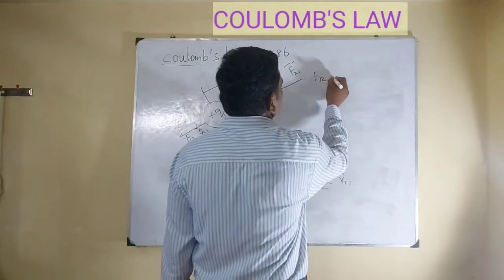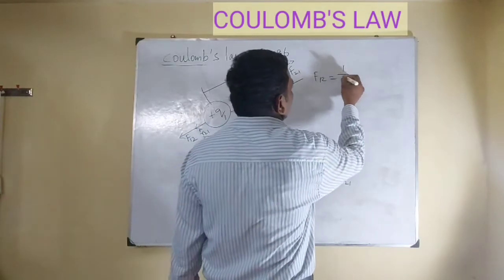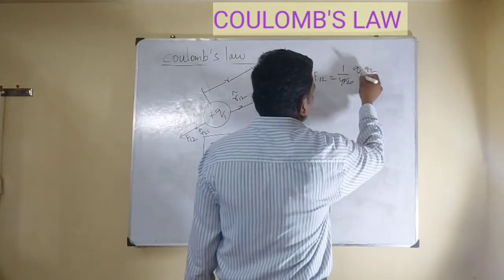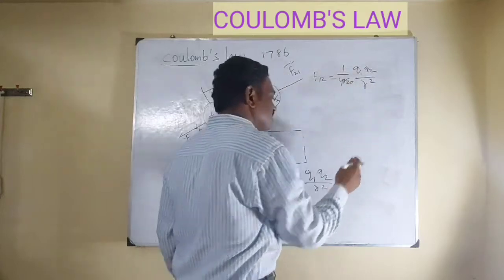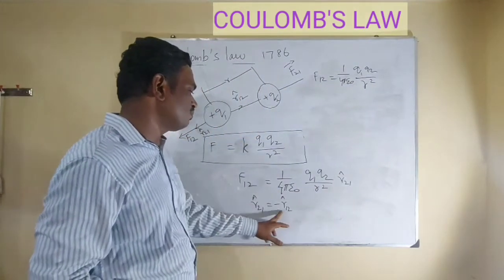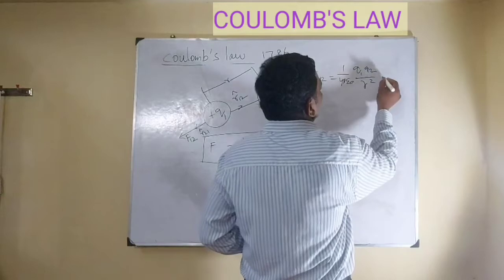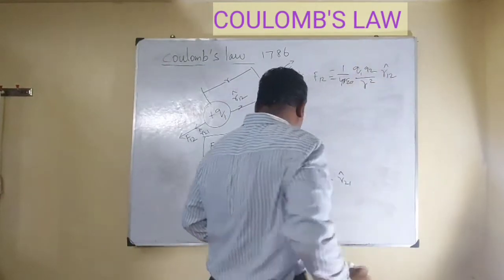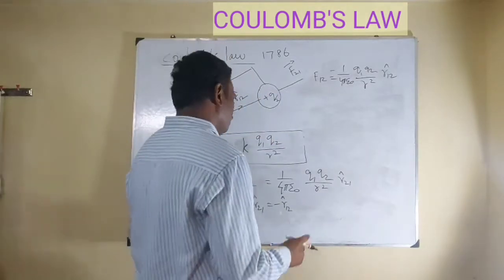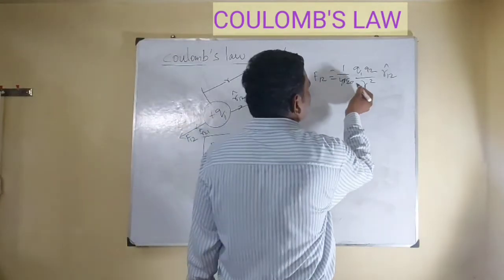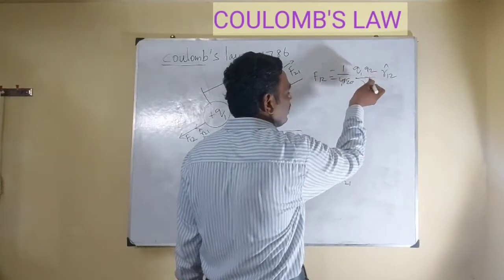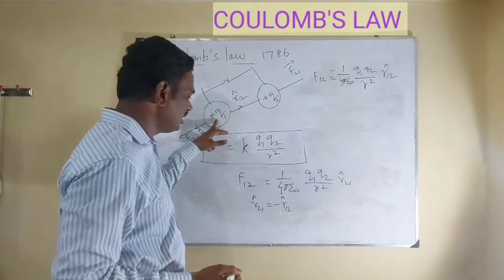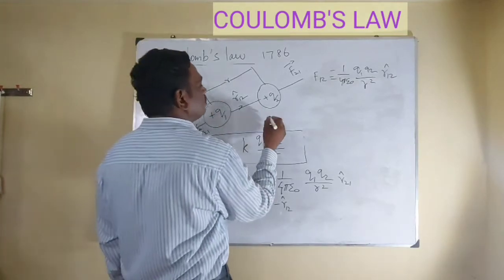So F12 equals 1 by 4 pi epsilon naught Q1 Q2 by R square. Instead of R21 cap, I am going to use minus R12 cap. Here I put the minus sign in front of R12 cap. So here is the equation, 1 by 4 pi epsilon naught Q1 Q2 by R square. Here we have written the force on the charge Q1. Similarly, we can write the force on the charge Q2.